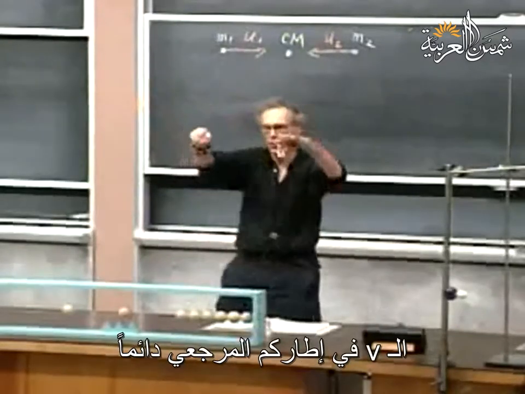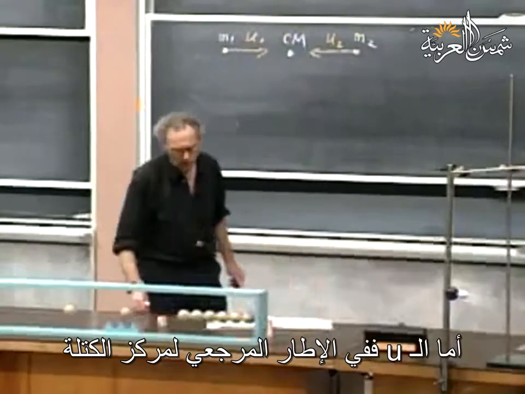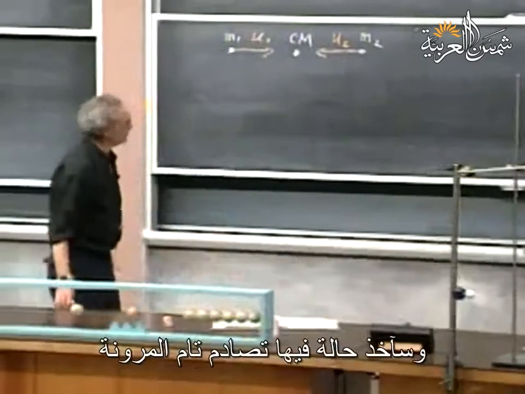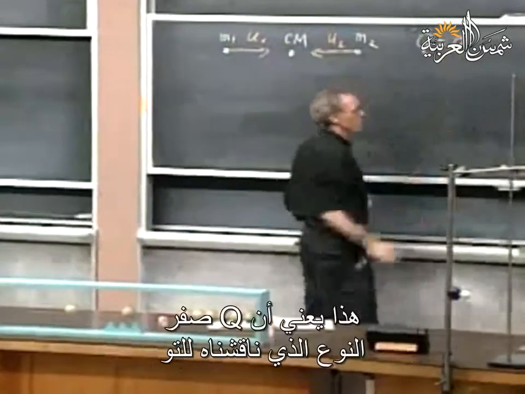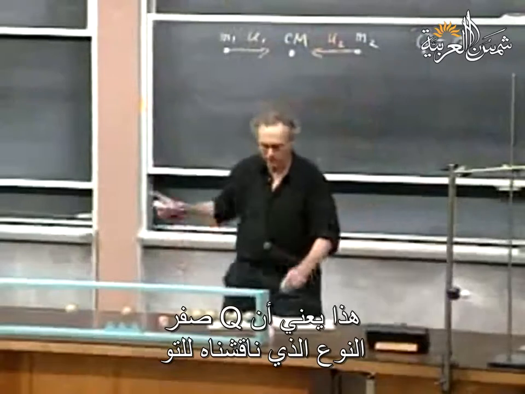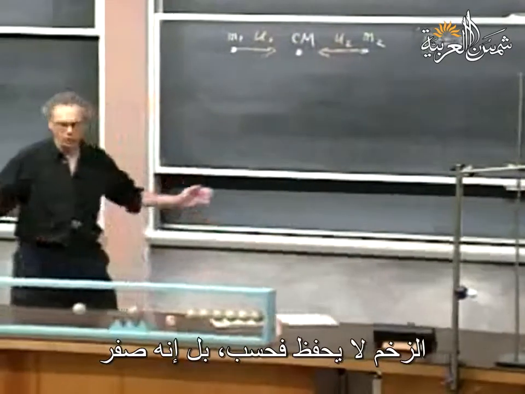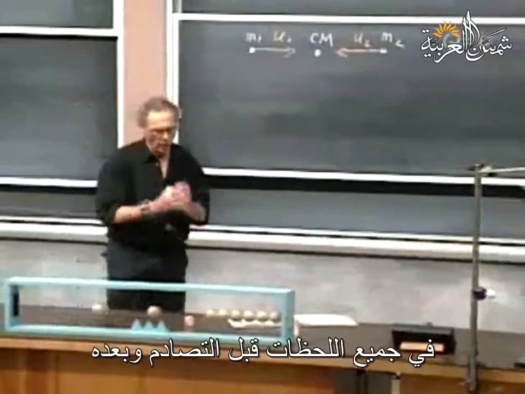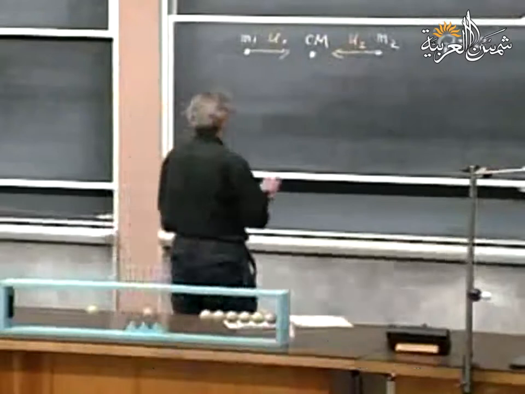The v's are always in your frame of reference, the u's are in the frame of reference of the center of mass. And I take a case whereby I have a completely elastic collision. That means Q is zero, the kind that we have just discussed. Momentum is not only conserved, but it is also zero at all moments in time, before and after the collision.